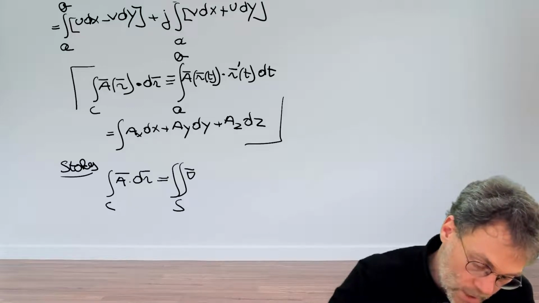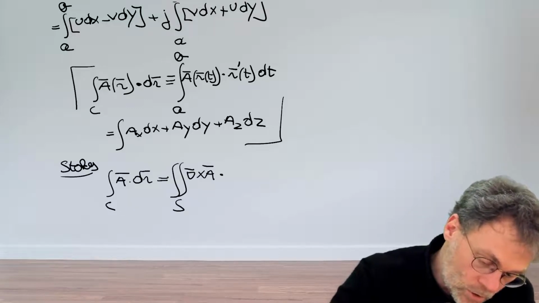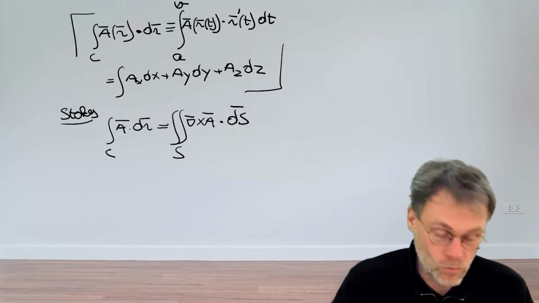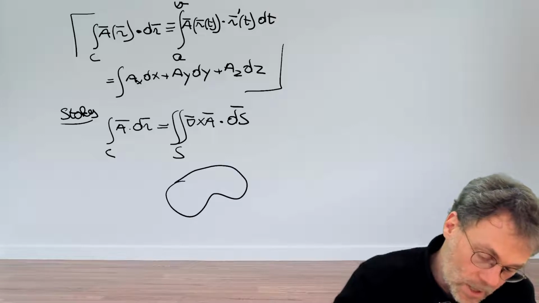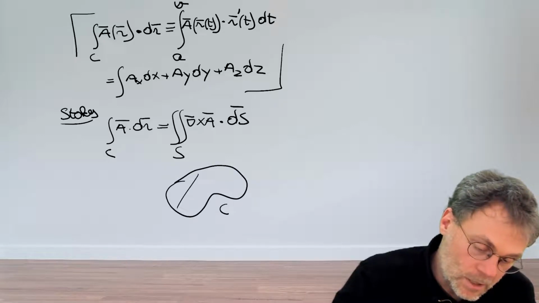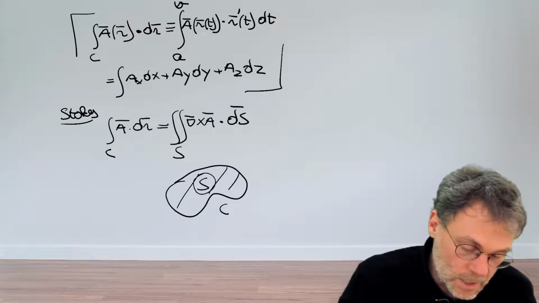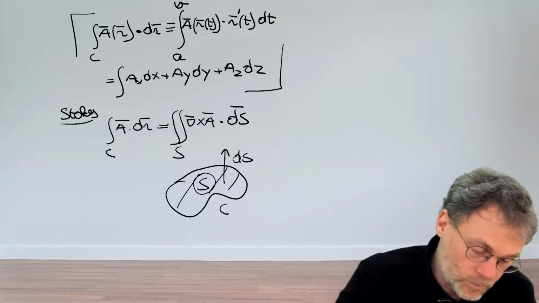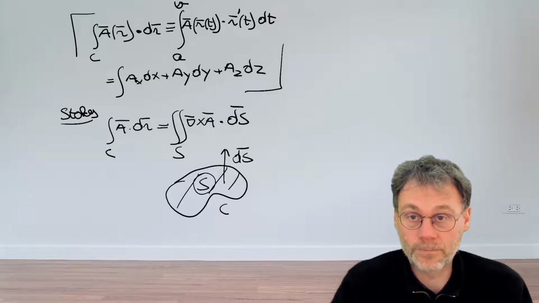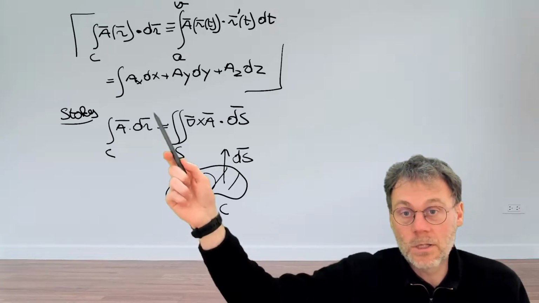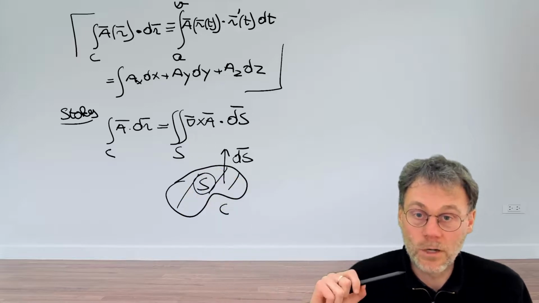Not of the function A, but of the curl of A. And then dS is a vector perpendicular to our surface. So if you have here a contour C, and we have an internal region S, a surface, and then dS is just perpendicular to that surface. So this looks like it could be handy because this will bring us all the partial derivatives here.